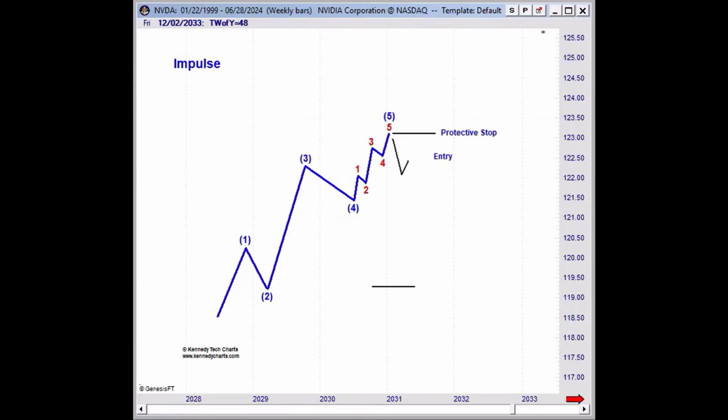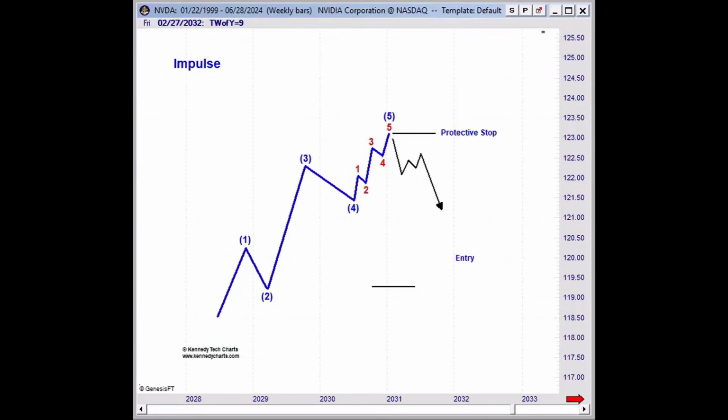What this does is it delays your entry. But in so doing, it actually gives you more confidence because now you have 5 waves down followed by a 3-wave move up. By waiting, you may even mitigate risk more.